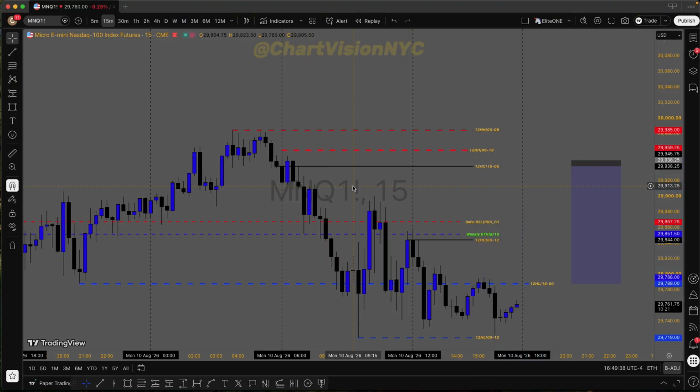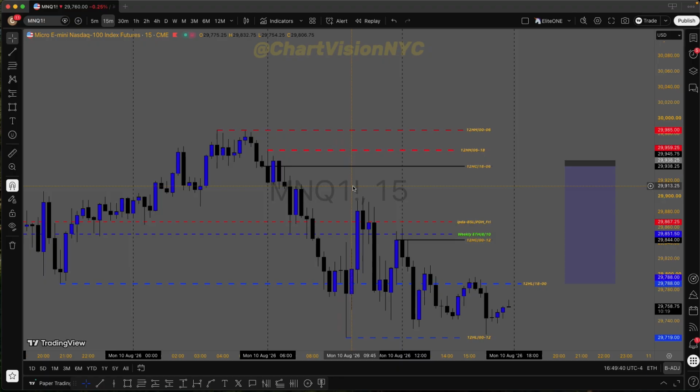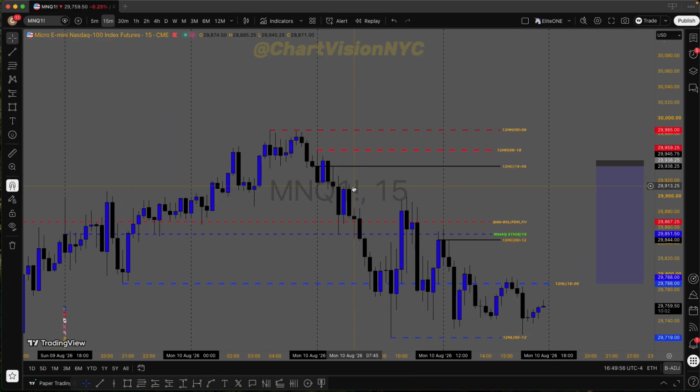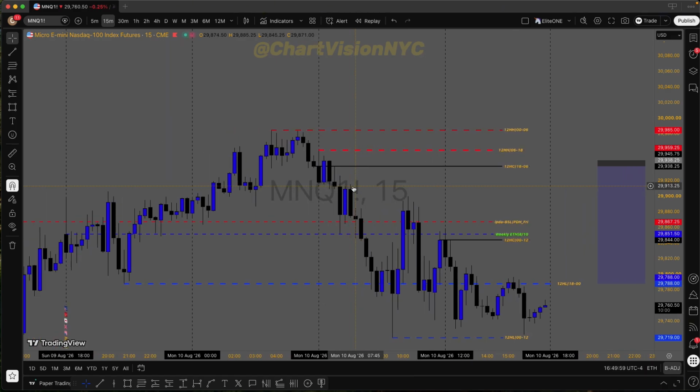It's not difficult to find the draw. Can you divide 24 hours into two 12-hour segments and find the high and low? Then you can find the draw on liquidity. Can you take 24 hours and divide it into 4 equal 6-hour segments and find the highs and lows between those 4 6-hour segments?